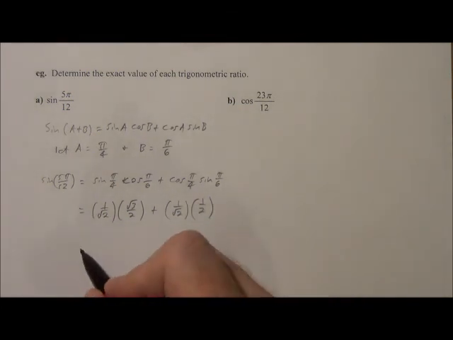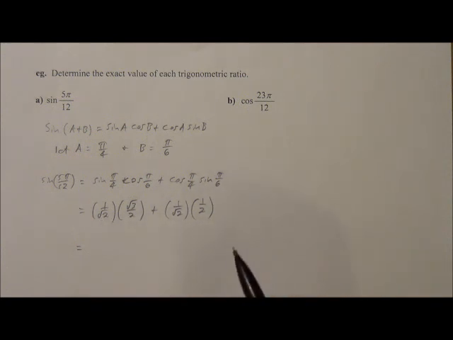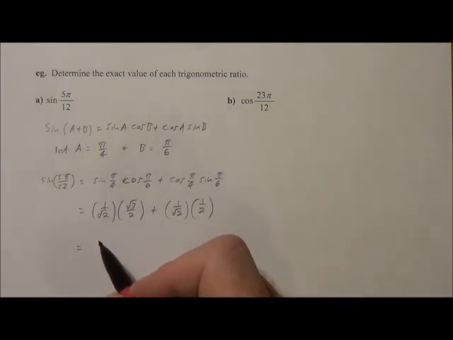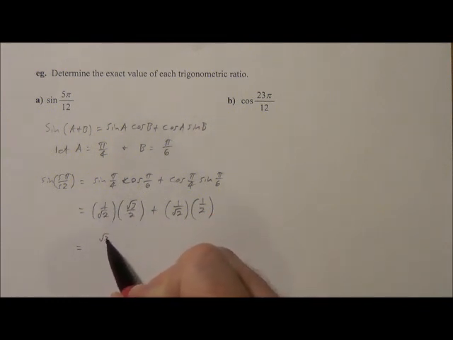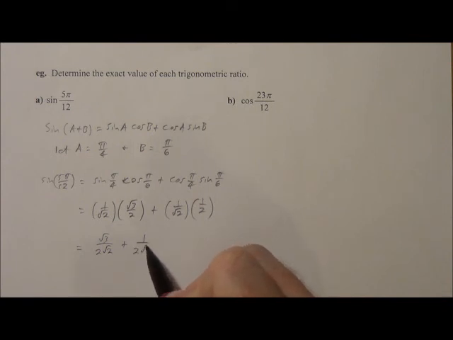Okay, so now we're just going to multiply here. So we've got root 3 over 2 root 2 plus 1 over 2 root 2, which can simplify to root 3 plus 1 over 2 root 2.